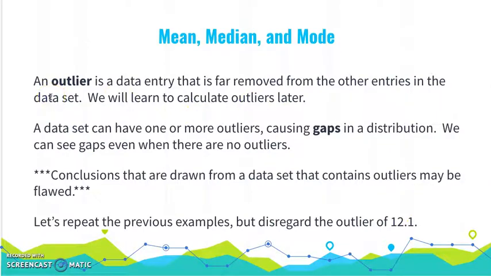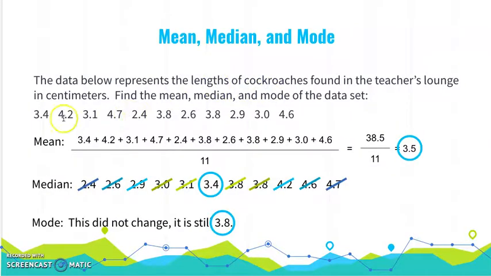We'll learn how to calculate that more thoroughly and mathematically, but for right now we'll just approximate what the outlier is. So 12.1, if we were to remove that, you would notice that the mean is now 3.5 and it started as 4.22.